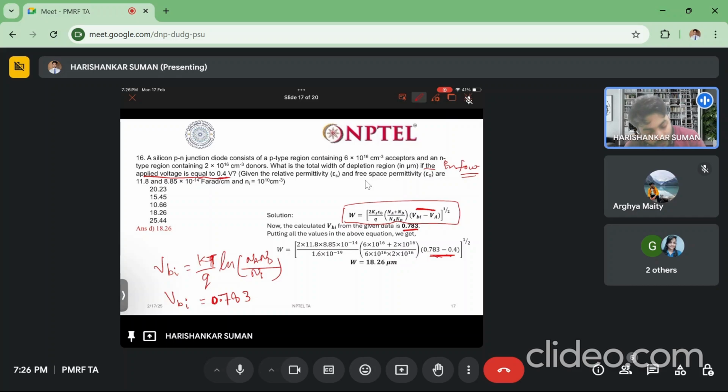Q we know, the electronic charge, 1.6 into 10 to the power minus 19 coulomb, and acceptor and donor values are given. Put in these values and multiply, divide, sum, add, subtract. If we calculate according to the formula and the given values, we will get 18.26 micrometer.